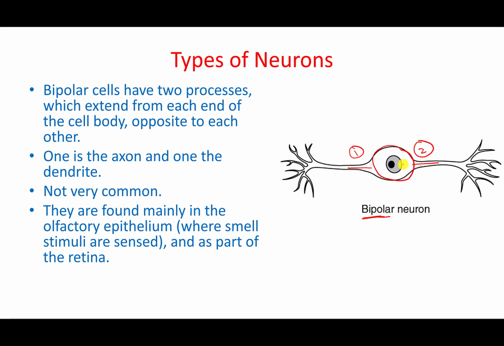It's just describing that there are two extensions from the cell body. These are not very common neurons, although we have plenty of them. We have millions of them, but they are located only in the eye and in the nose. Number wise, we have hundreds of millions of them, but maybe these are the only two places that we will have them. These are also sensory neurons.